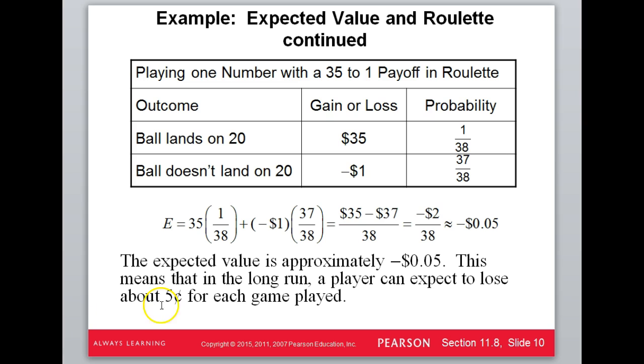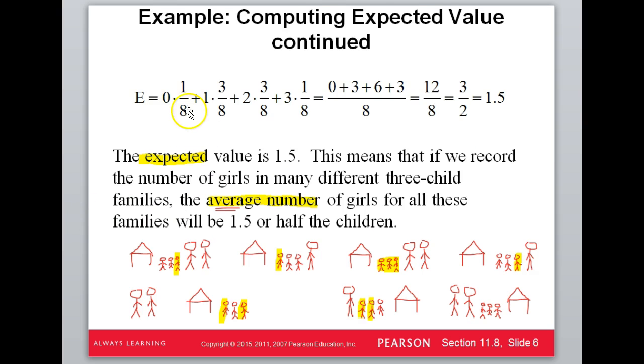All right, so expected value, notice again, multiplication and then addition. Multiplying possible outcomes times probabilities and then adding those values together. But after you're done, you'll always have these interpretations. What is it that you've just found? And that's where this part comes in. This means.